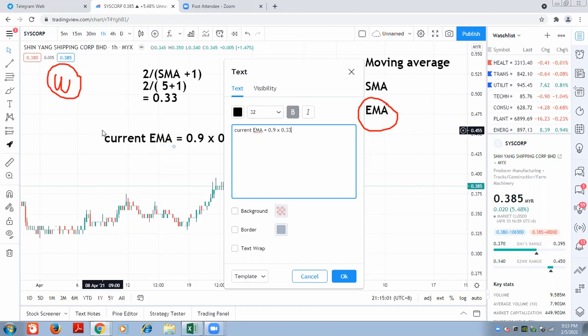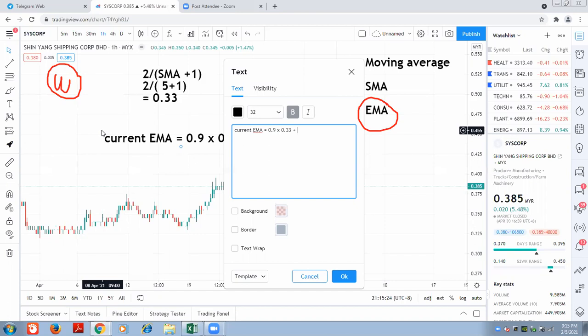This is a mathematical thing, so I just need to show you, but basically we're going to discuss more the difference between SMA and EMA. Then add up the yesterday EMA price, the last EMA value.